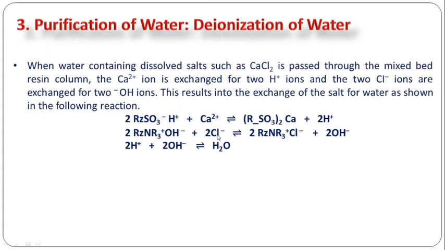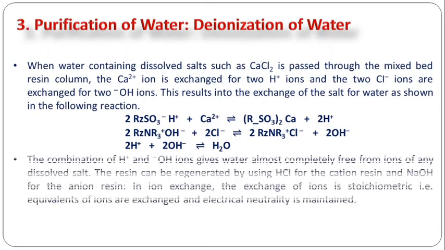So Cl- present in the solution will get exchanged with this OH-. And these H+ ions and OH- ions form pure water that comes out from the column. So in this way these are the reactions that take place at anion and cation exchange sites.